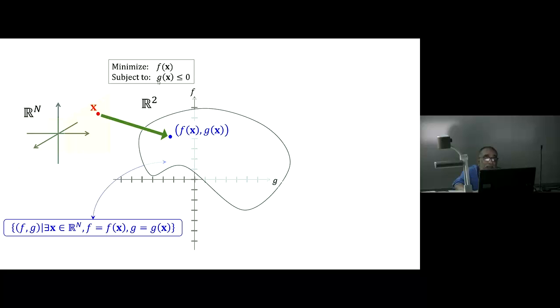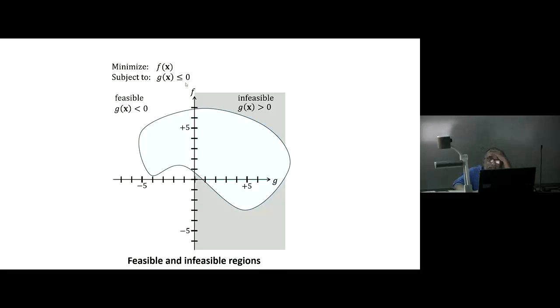Since we have g of x less than or equal to 0, the right half plane is infeasible. That's why g of x is greater than 0 there. So when we seek the constrained optimum, we are restricted to the left half plane only, including the y-axis, which is the f-axis. That corresponds to g equals 0.